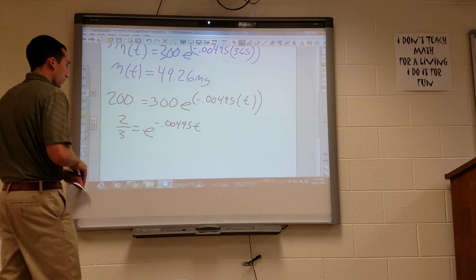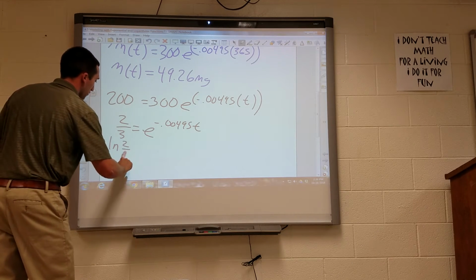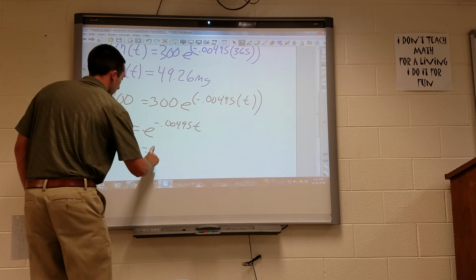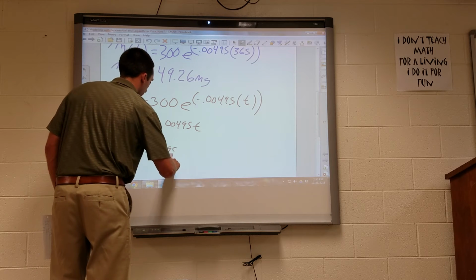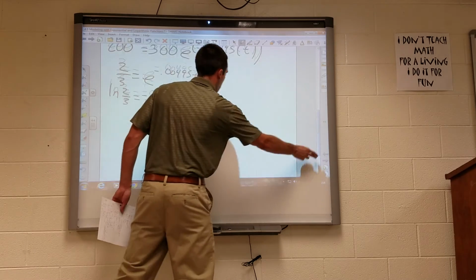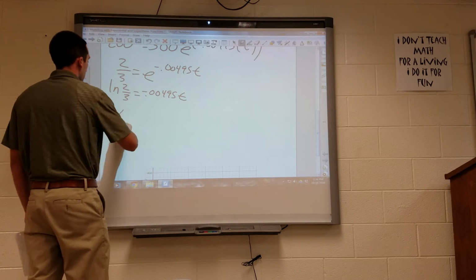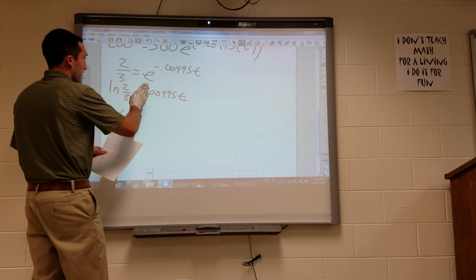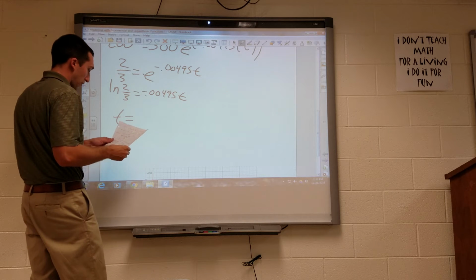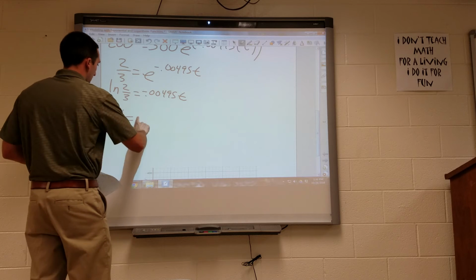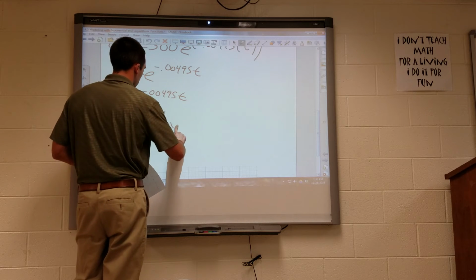And then take the ln of both sides again, so I get the ln of 2/3 equals negative 0.00495t. And when you divide both sides by negative 0.00495, obviously don't divide by t, you get 81 days.